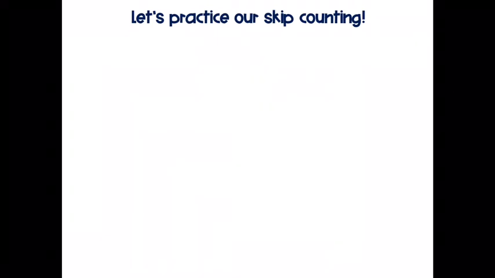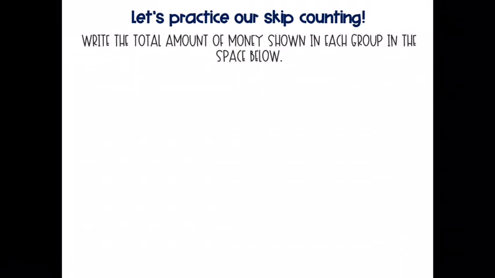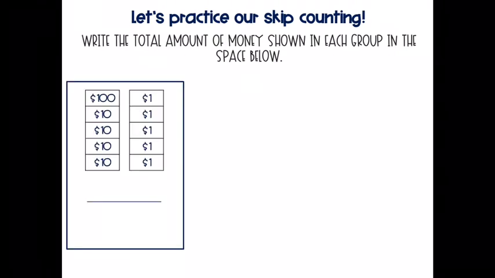Let's keep practicing, but this time we're going to use our dollar bills. Write the total amount of money shown in each group in the space below. Let's look at the first one.